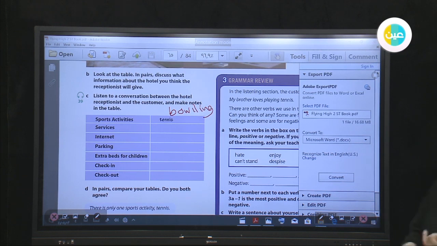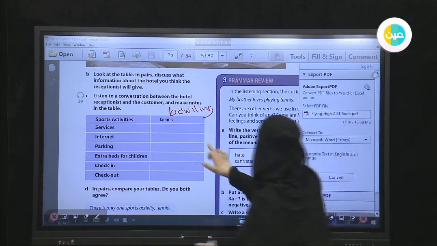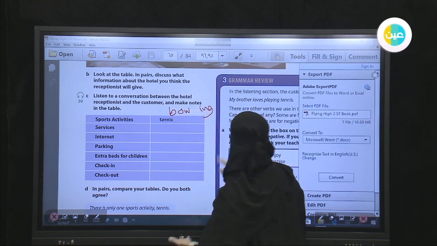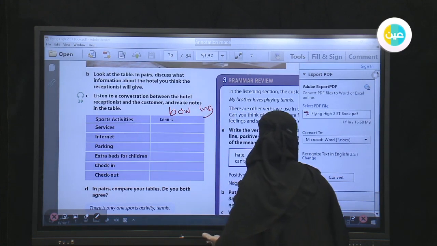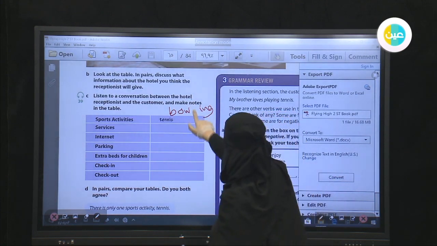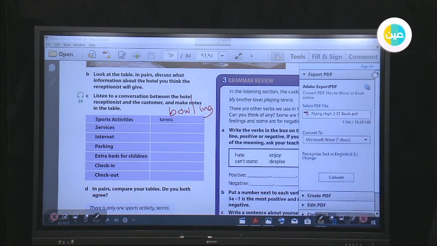They have restaurants. Also, they have a business center. They have a business center and restaurants and room service. Okay, room service, restaurants, and business center. What about the internet? Is it free or not?